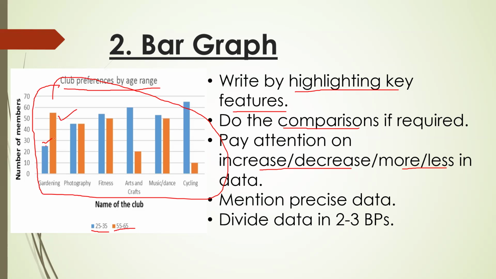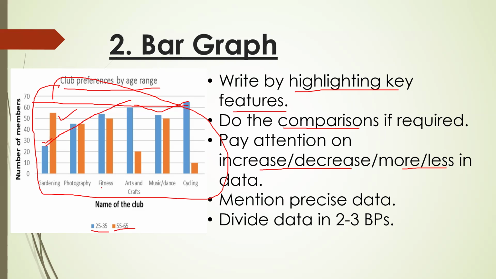Then the number is increasing in activities, right? So till arts and craft, there is an increase in interest, right? After that, there was a decrease in music and dance, and after that in cycling, the trend again increased to 65, right? 65 people were interested in this activity.